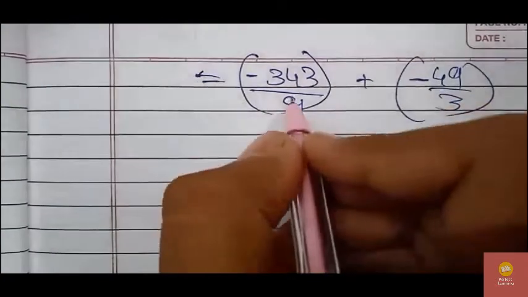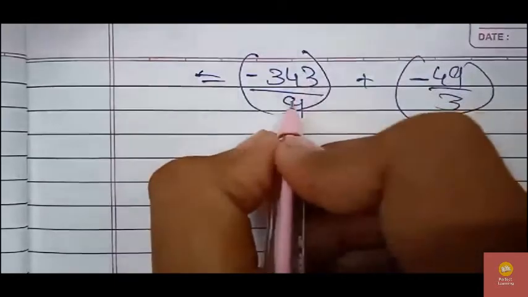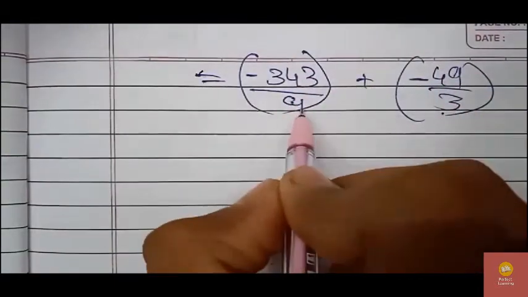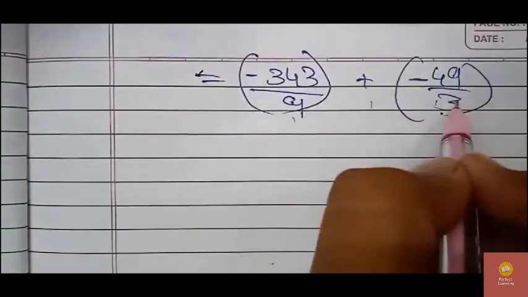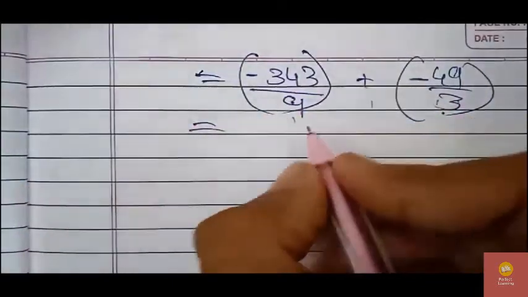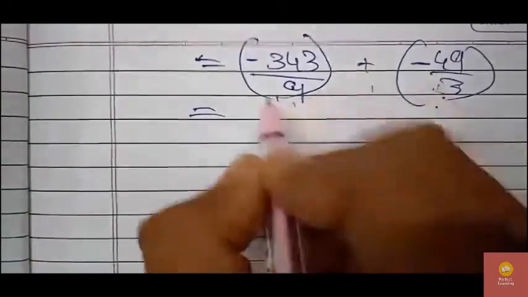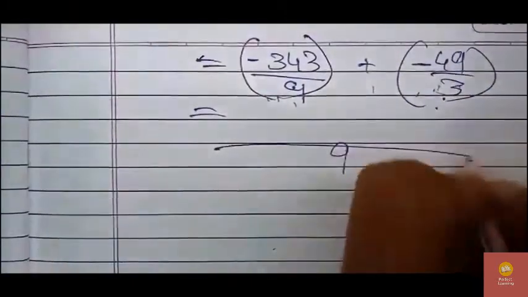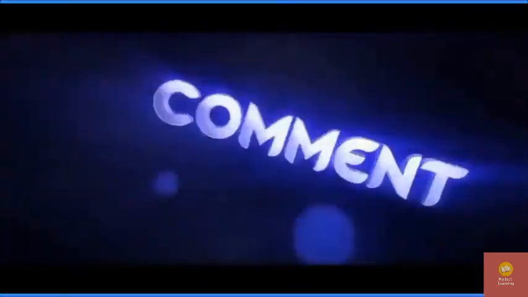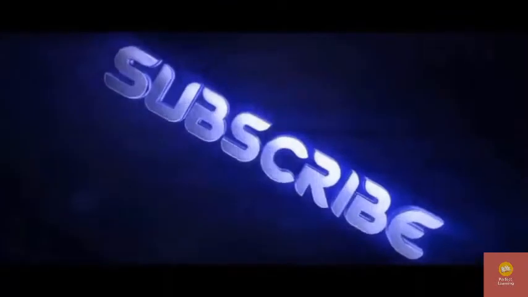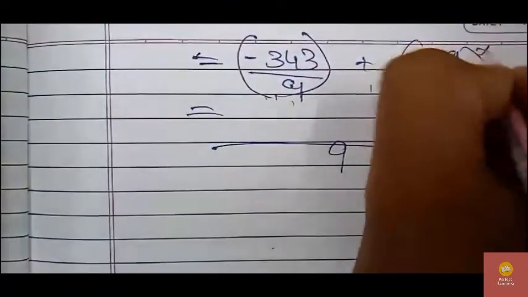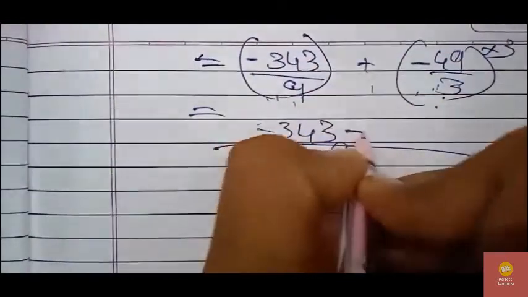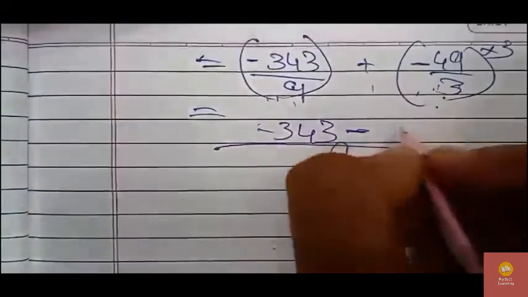Okay, here we should get the remainder as 0, but we can see here the remainders are not the same. When we find the LCM of these two numbers, we get the denominator as 9. Further solving, minus 49 into 3, minus 343 minus 147.